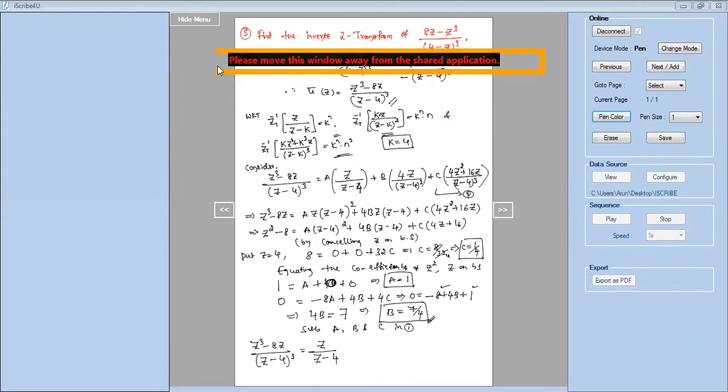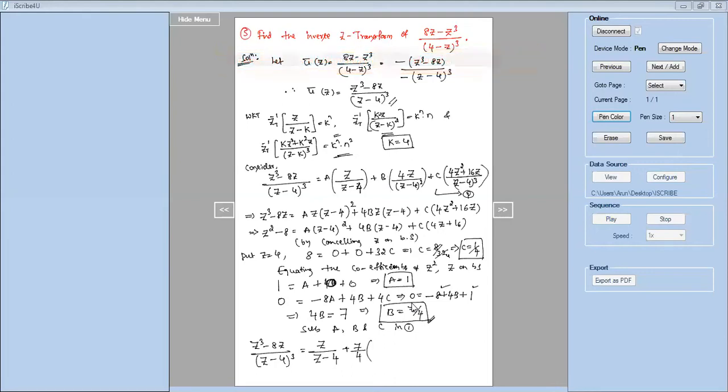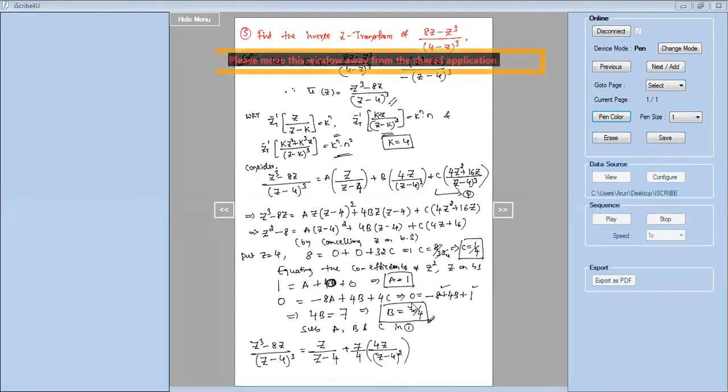Next is b, and b was 7 by 4, it is plus 7 by 4 into 4z divided by z minus 4 whole square, plus c is 1 by 4 into 4z square plus 16z divided by z minus 4 whole cube. Right? So I have substituted the values of a, b and c in this.